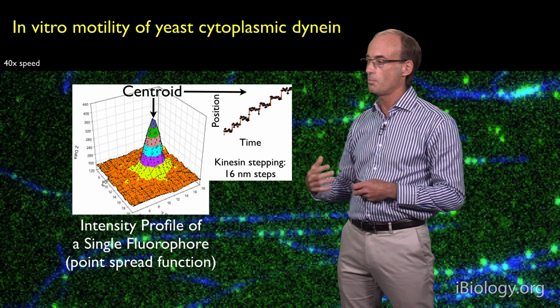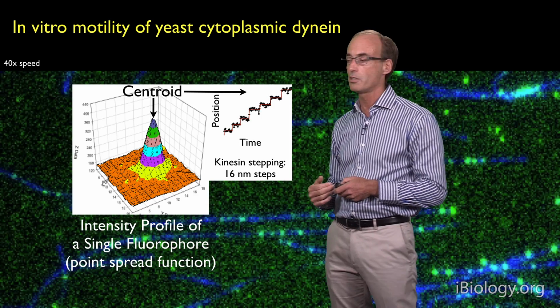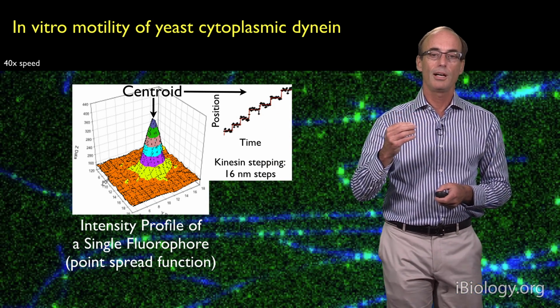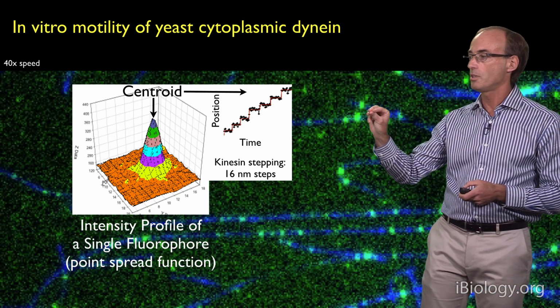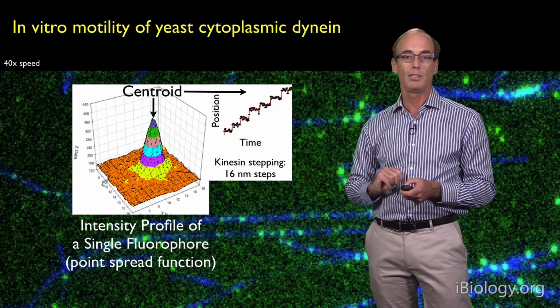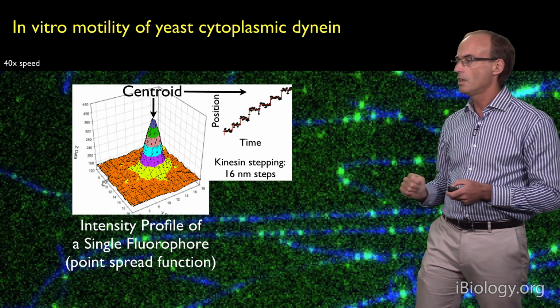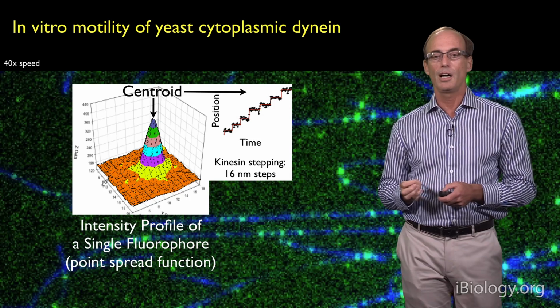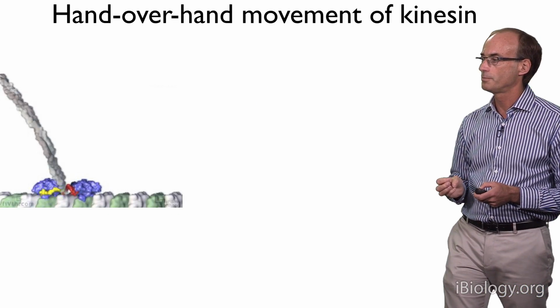So it took an abrupt step forward along the microtubule track, and this mechanism allows you to get a great deal of information on the stepping behavior of the motor on the microtubule. And I should say that this general method was first developed by Ahmet Yildiz and Paul Selvin.